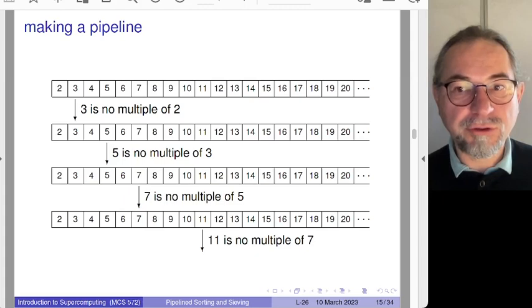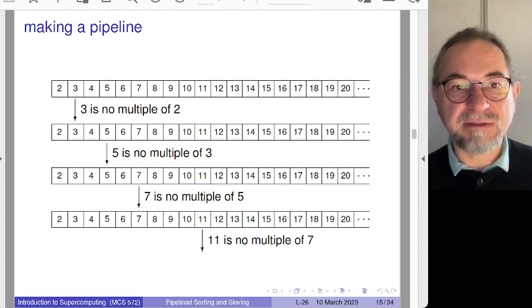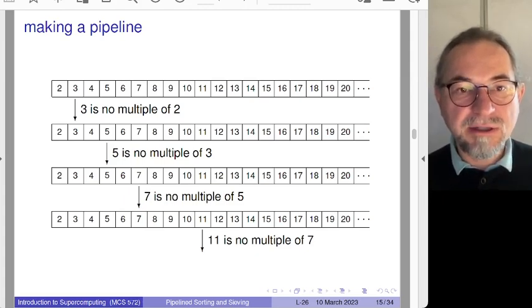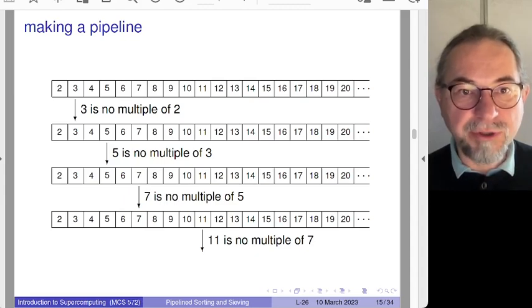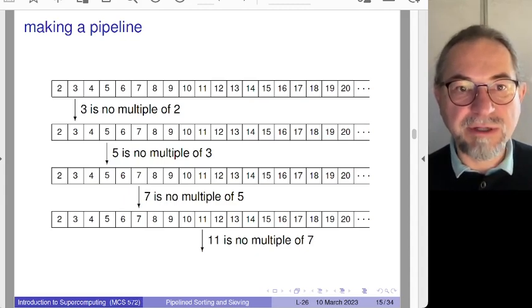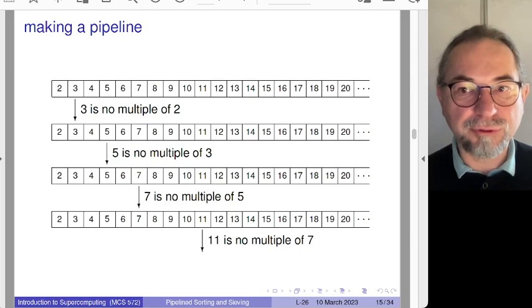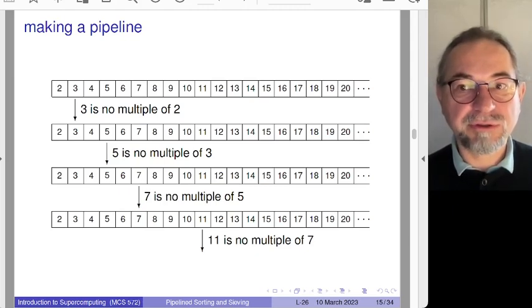We do have functional parallelism in the sense that as soon as we have not wiped out 3, we can actually ask the next processor to start eliminating multiples of 3.